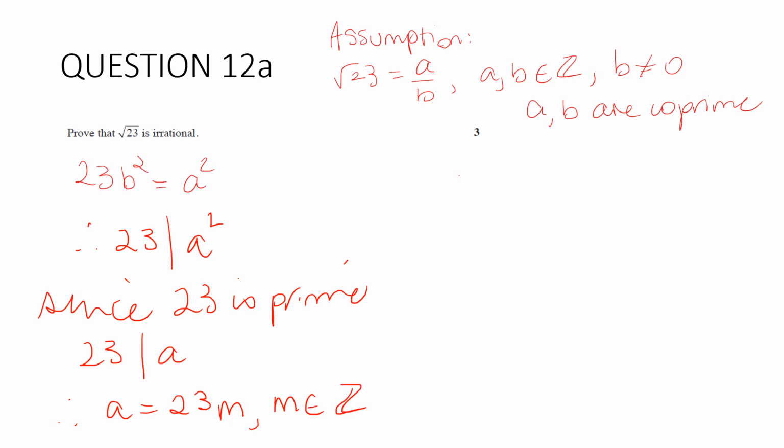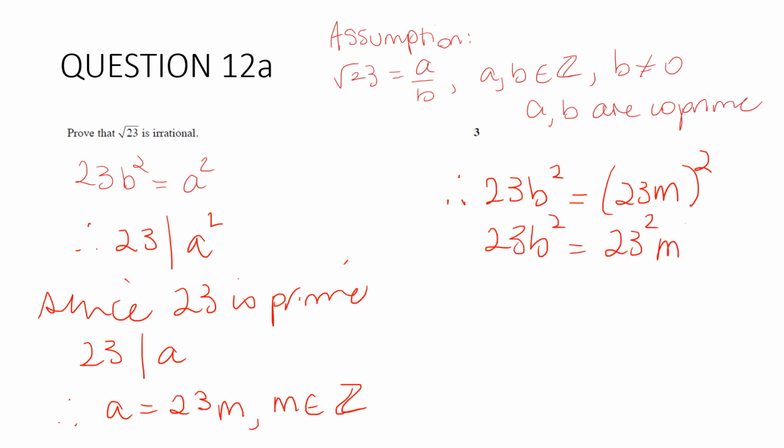Therefore, 23b squared is equal to (23m) all squared. 23b squared is equal to 23 squared m squared. Divide both sides by 23, and we have b squared is equal to 23m squared. Therefore, 23 is a factor of b squared, and since 23 is prime, therefore 23 is a factor of b.